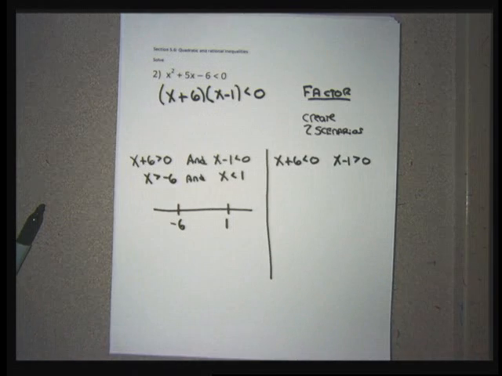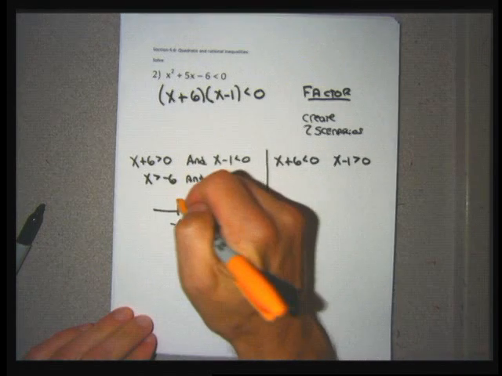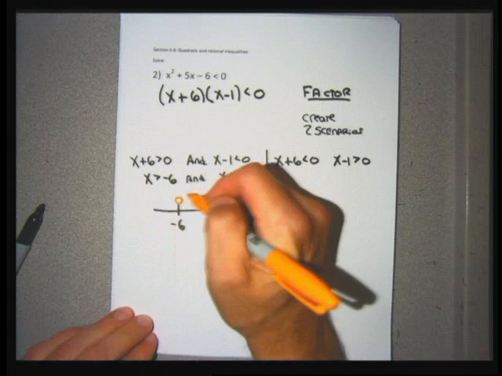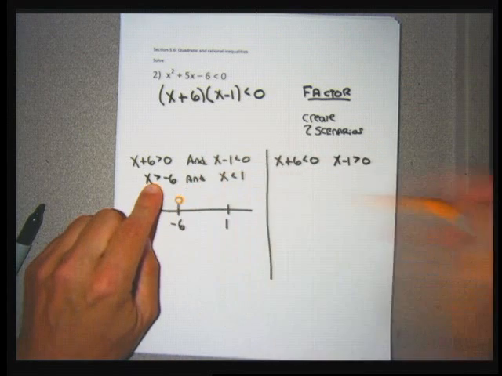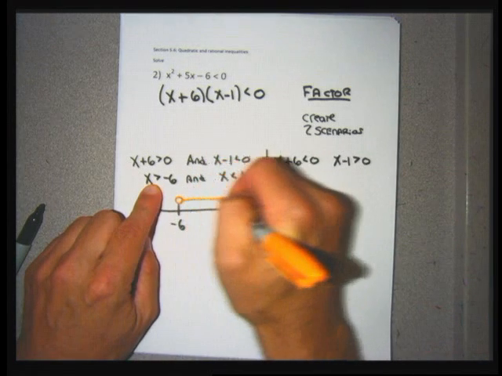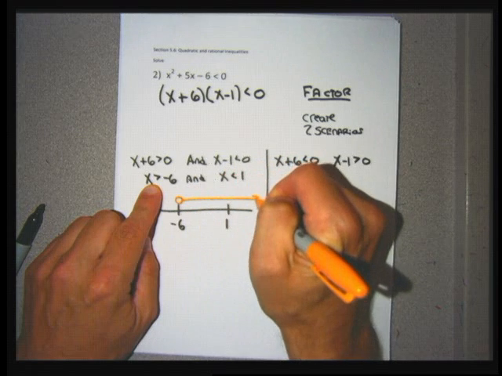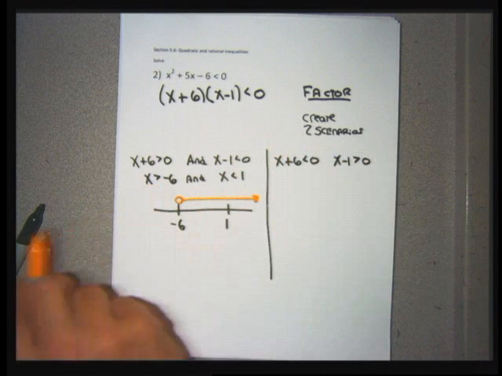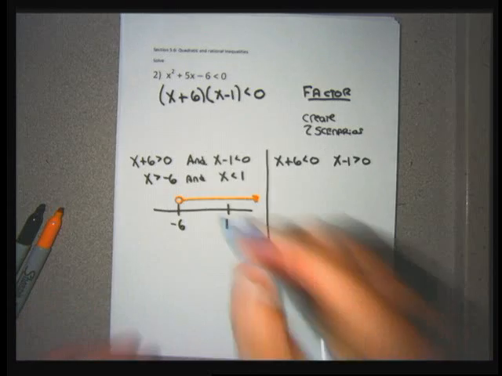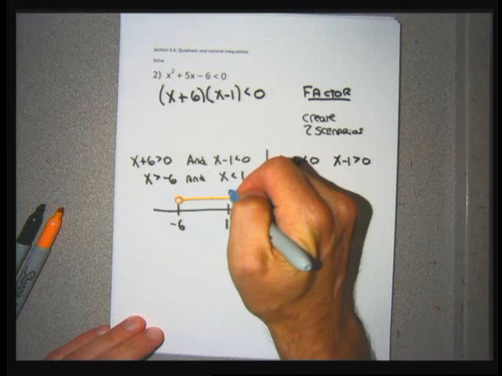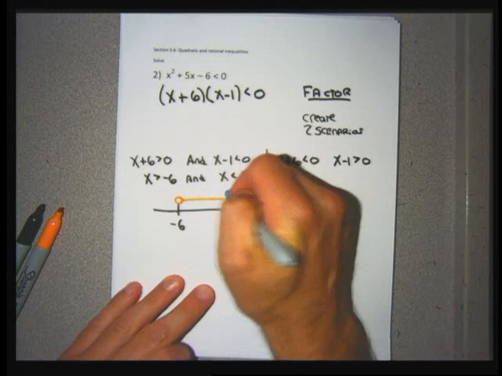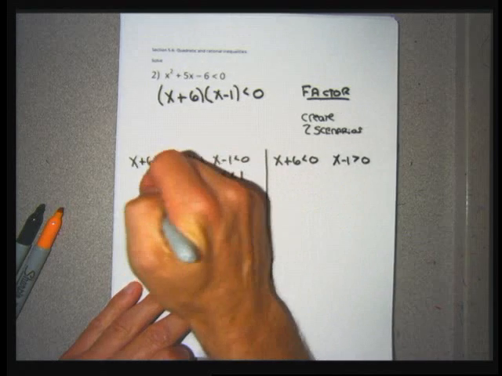I'm going to use open circles because I don't have an or equal to. I'm going to put an open circle on the negative 6, and greater than I go to the right of the 6. For x is less than 1, I'm going to write an open circle on the 1 and go to the left of 1 because less than is to the left.